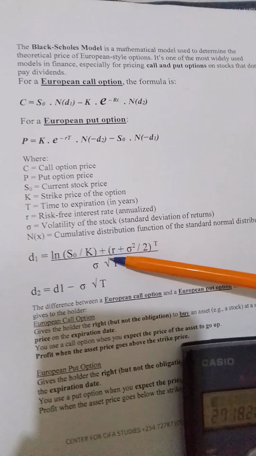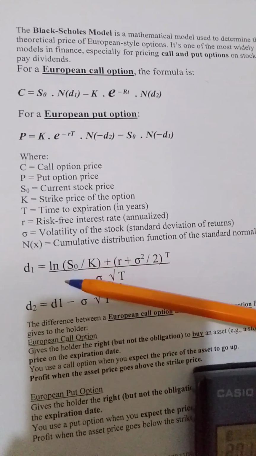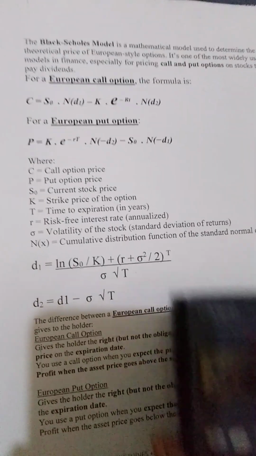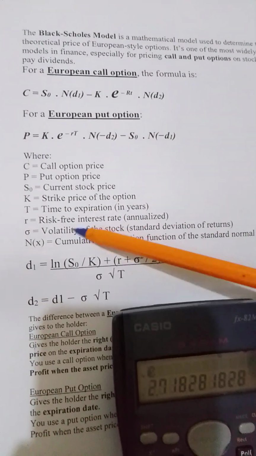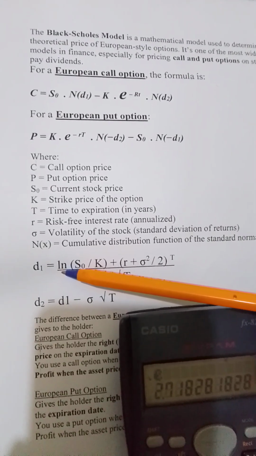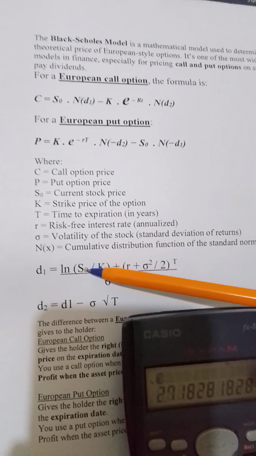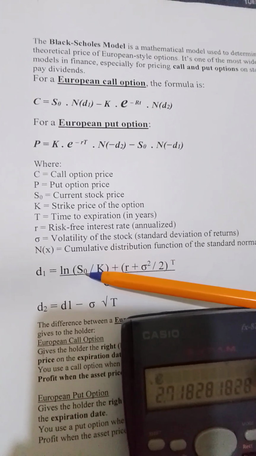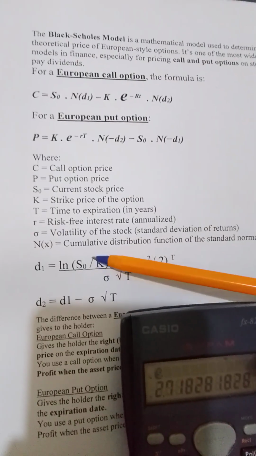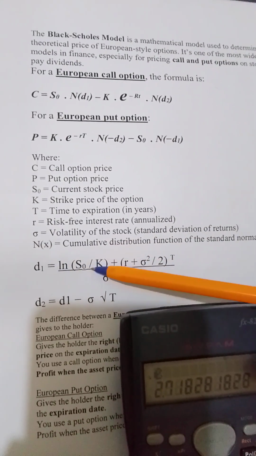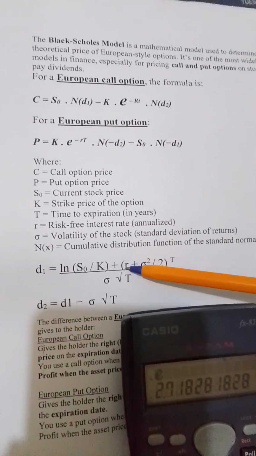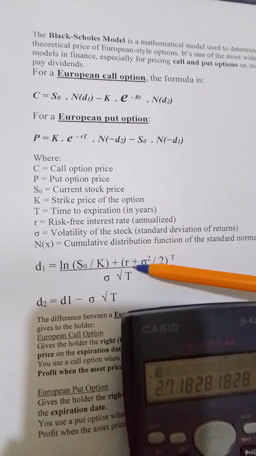So let's check the formula again for calculating D1. You have the first number here, which is the natural logarithm. You have it in your calculator. Then you take the current stock price divided by the strike price of the option. You first deal with this part alone, separately, and you get one number. Then plus R, the risk-free interest rate.